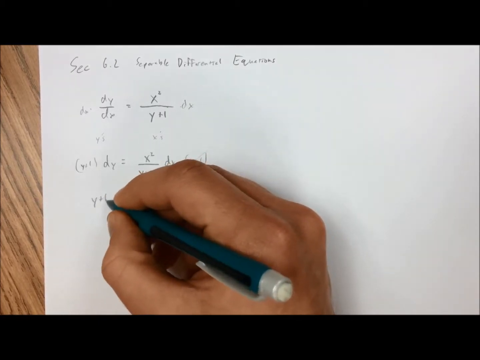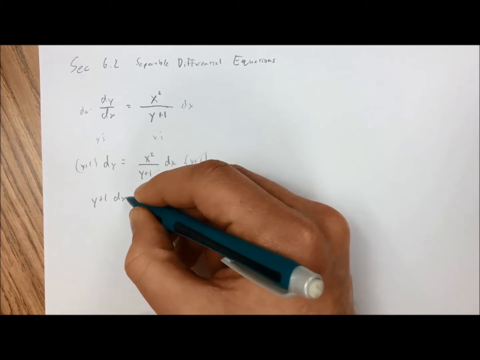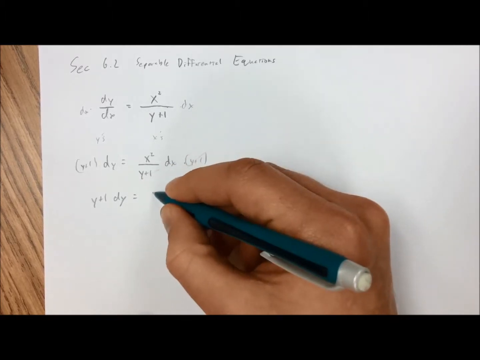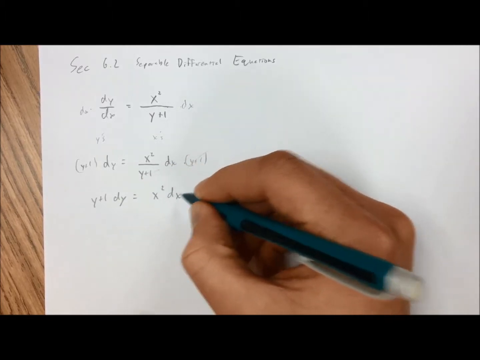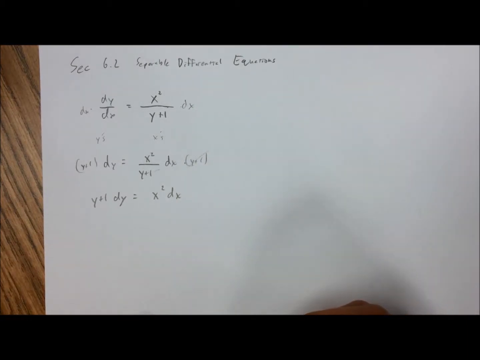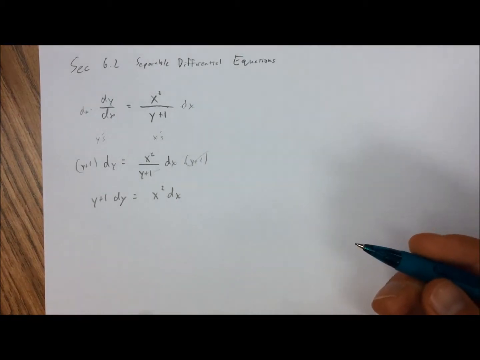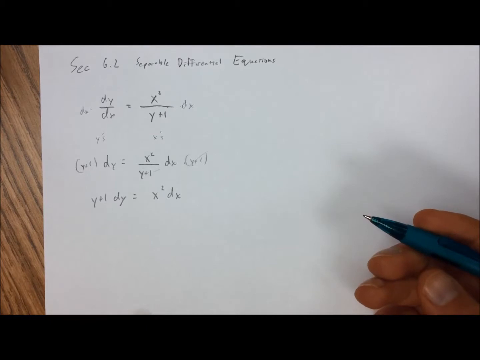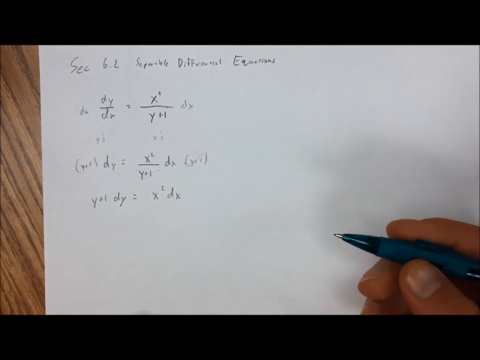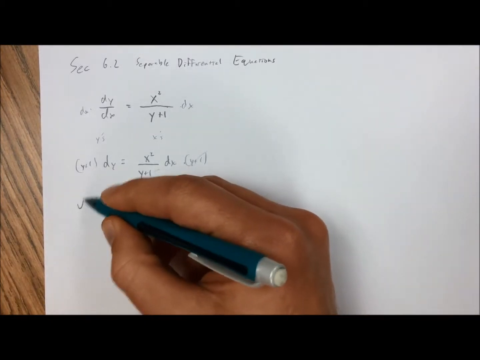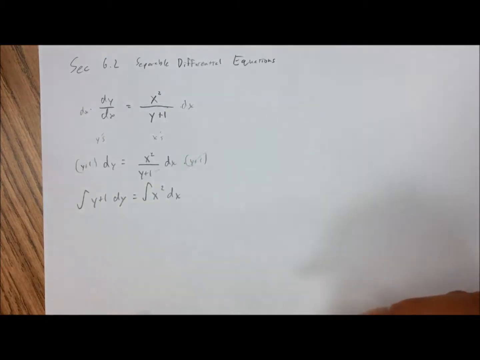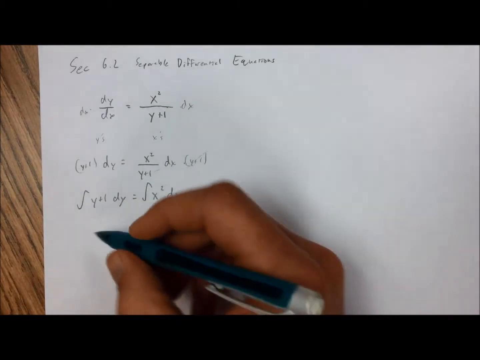And we'll get y plus 1 dy is equal to x squared dx. Now that I have that, it's a very simple matter. If I'm trying to solve this for y or solve it for x or some variable, I can just antiderive both sides, just like that.